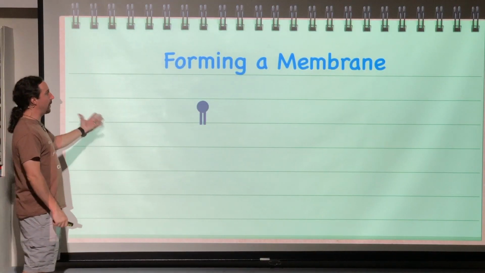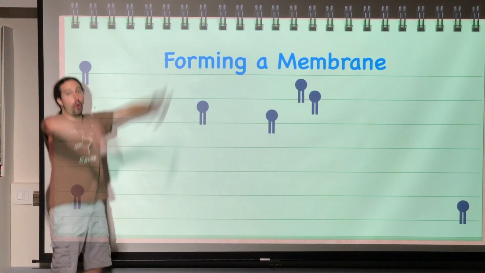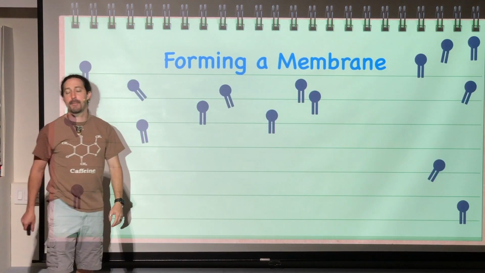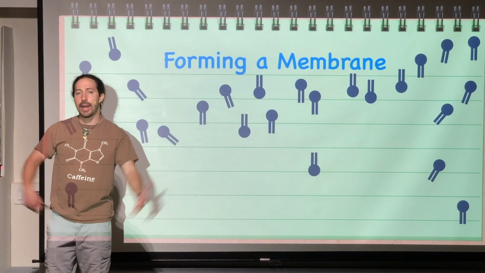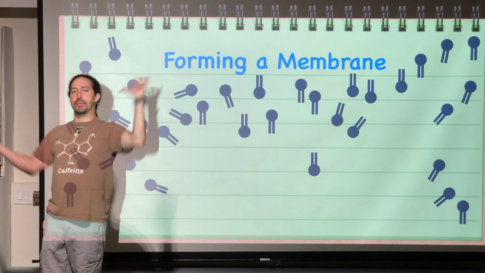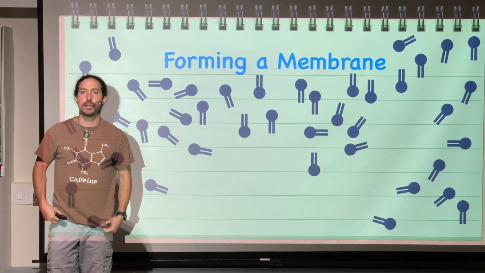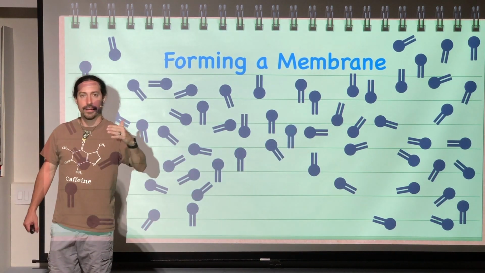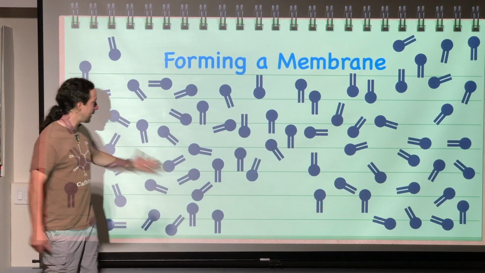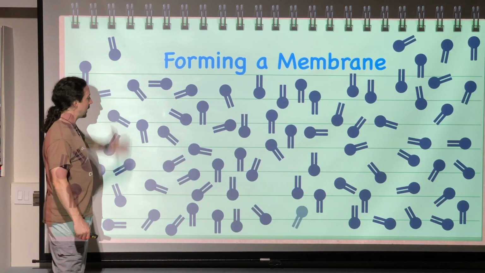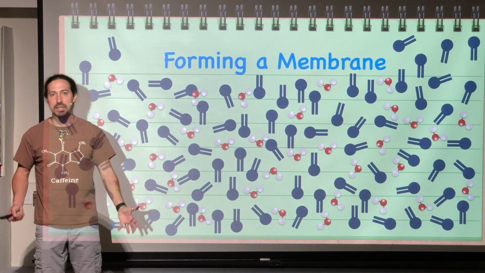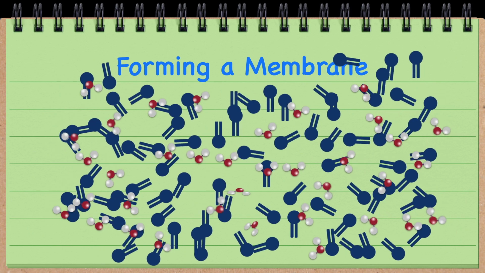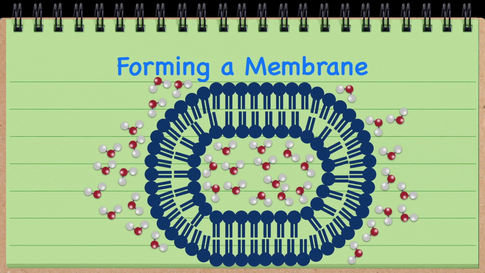So what would happen if we had just a whole bunch of these phospholipids? If you had a bunch of them, they would arrange themselves in very interesting ways. But what's really important is not how they would arrange themselves in the absence of water, like this. What's really important is how would they arrange themselves in the presence of water? And this is what it would be.